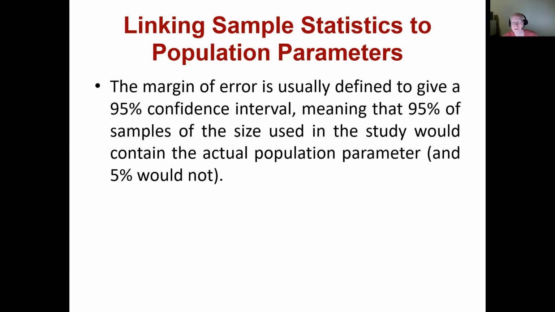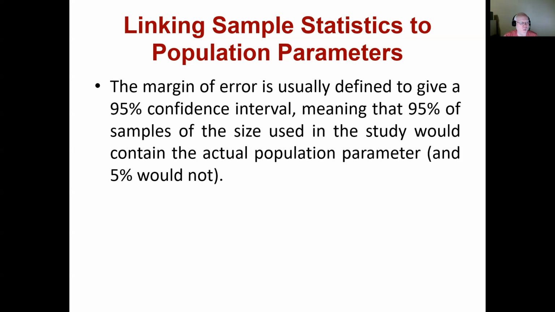They would all have different responses because it's different people answering. If we took the confidence interval for all 20 of them, 19 of them should include the true population parameter. One of them should not.